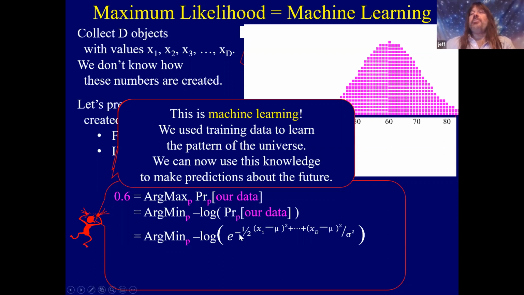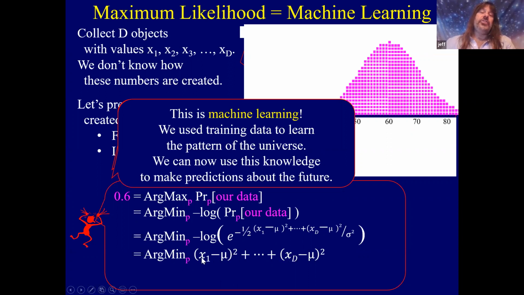It's an ugly equation, but if we take the negative log of it, what we're left with is, for each sample, how far we deviated from the mean, squared. So it's the sum of, and this can be considered the error. I got this many heads, but this is the number of heads I was expected to get.